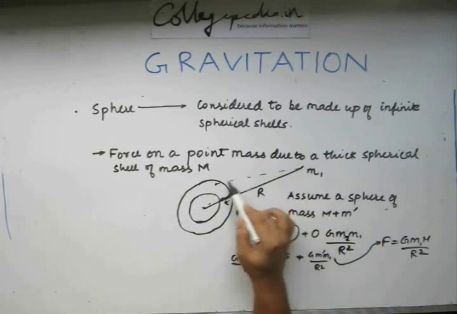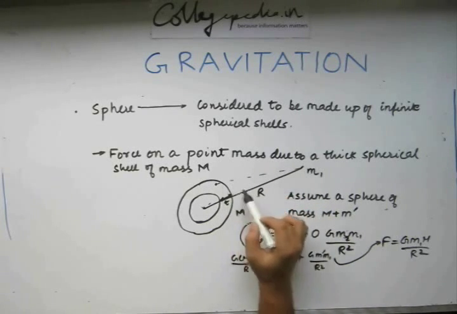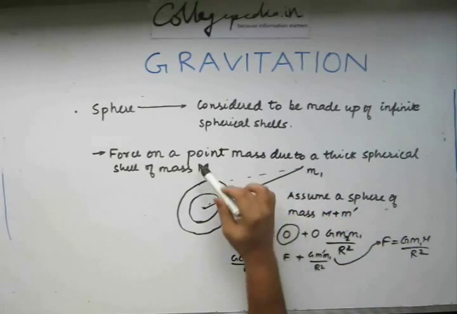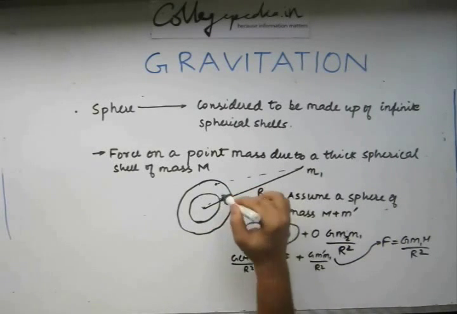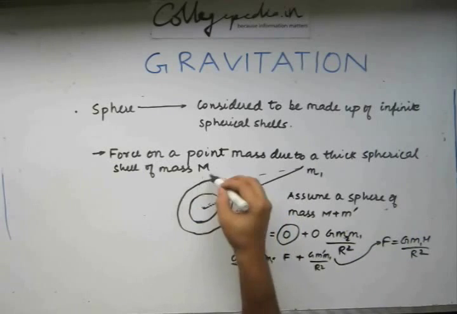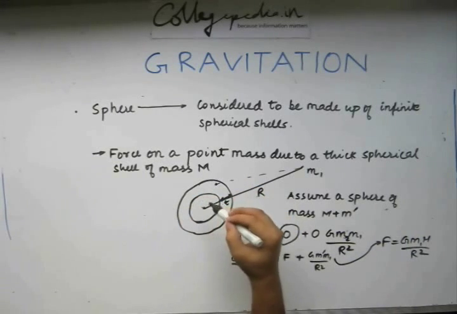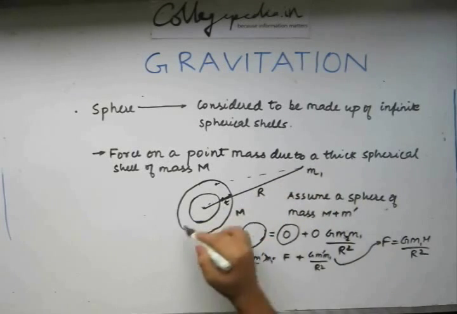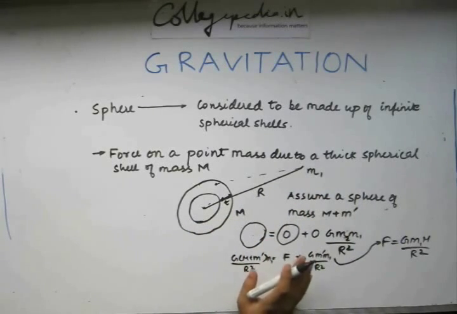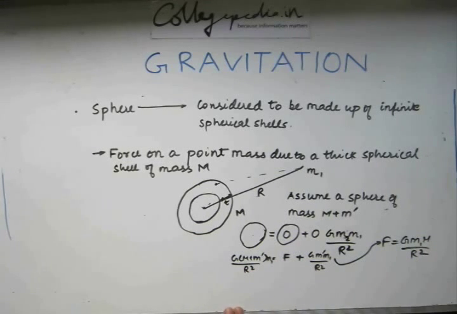Now the force will have two components, one along this line and one perpendicular to this line. The force perpendicular to this line gets cancelled off by many such small masses. The only force that remains is the force along the line joining these two masses. Hence, we get something of this form.